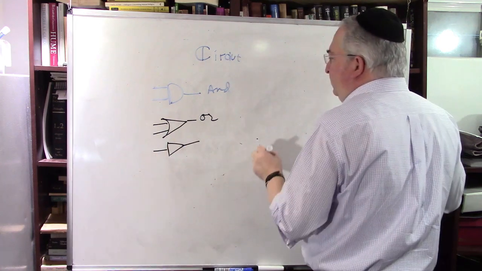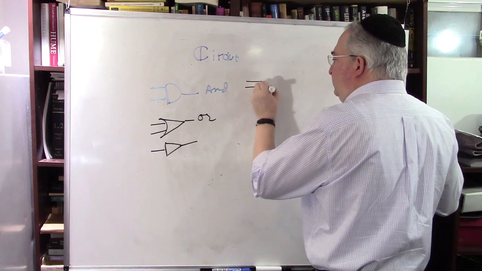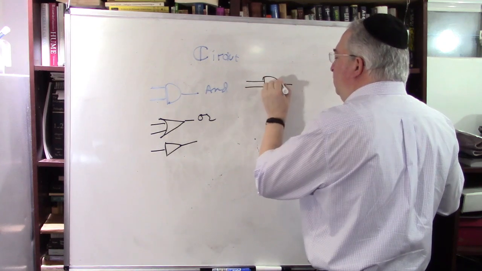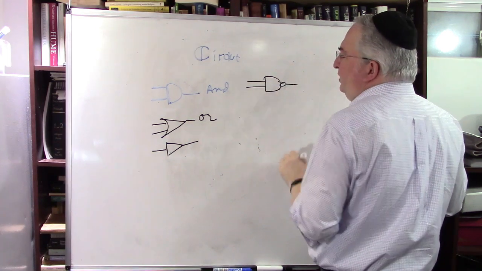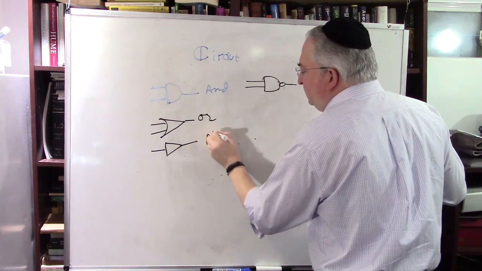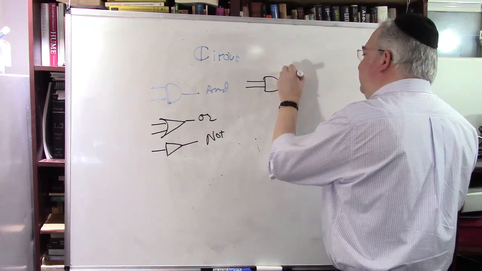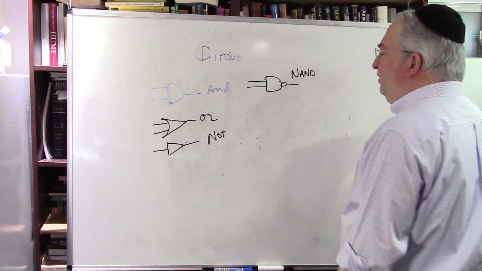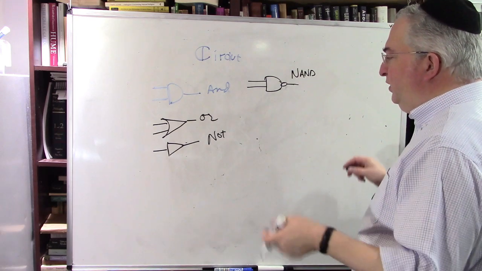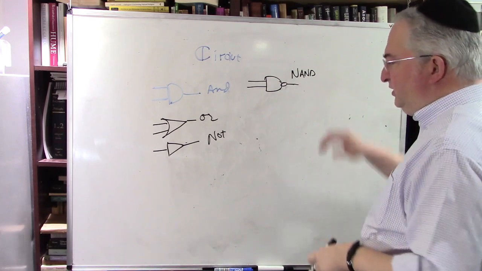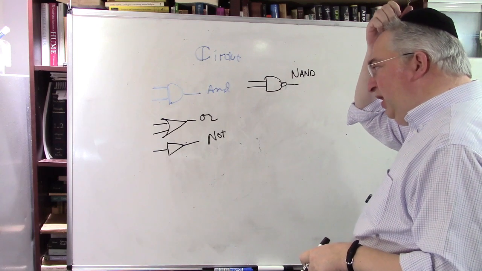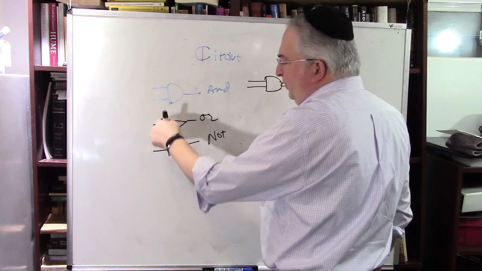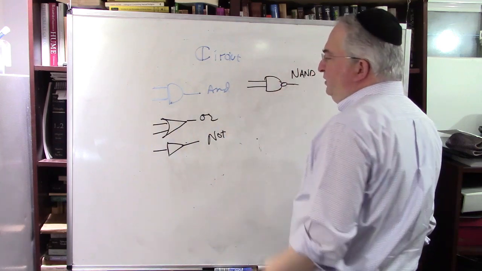Another gate that we're going to see, not a lot, is the NAND gate. So this is NOT. Okay, this is NAND. Sometimes there's a little circle over there. There's NOR, there's XOR, there's lots of gates, and these gates describe what happens when electricity comes or when a bit is on or off, and how these things work.